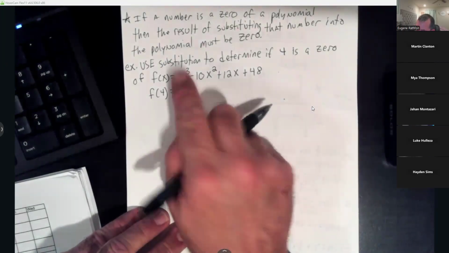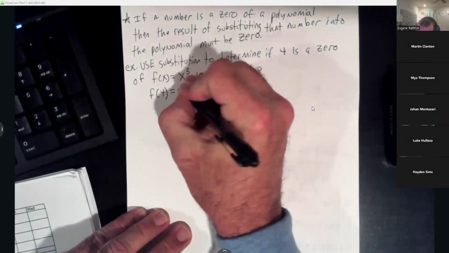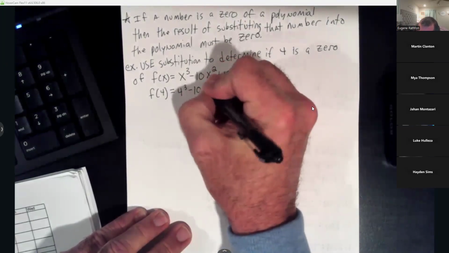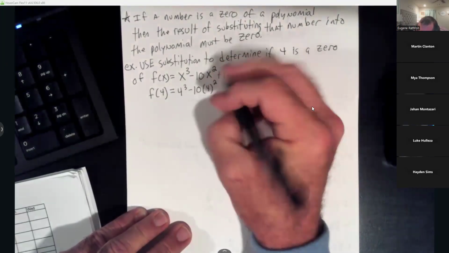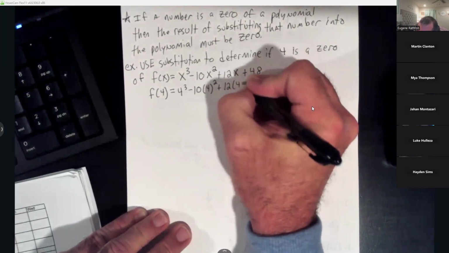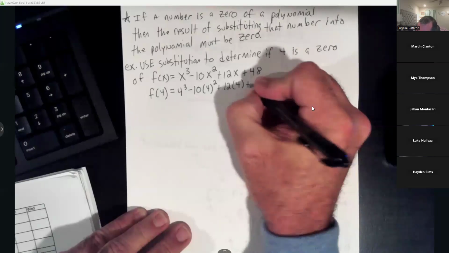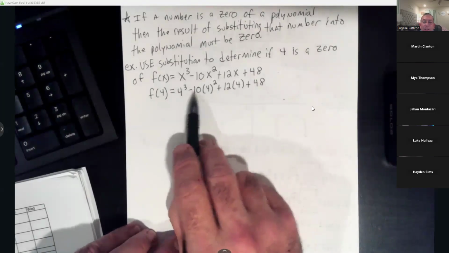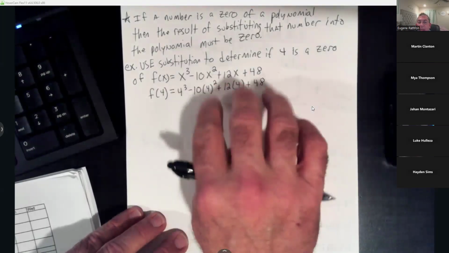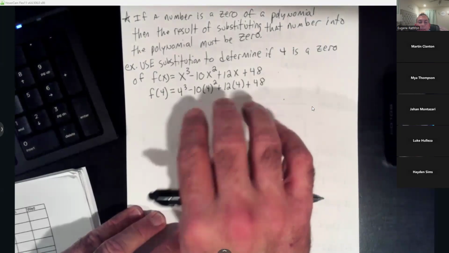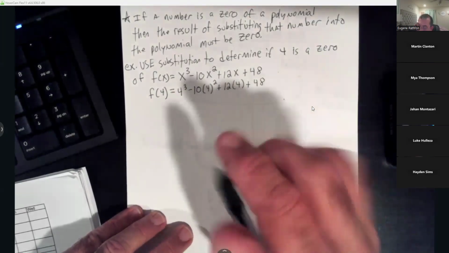So that'll give me 4 cubed minus 10 times 4 squared plus 12 times 4 plus 48. And y'all, at this point, you could punch this in the calculator, but I'm going to actually work it by hand to see what we get.